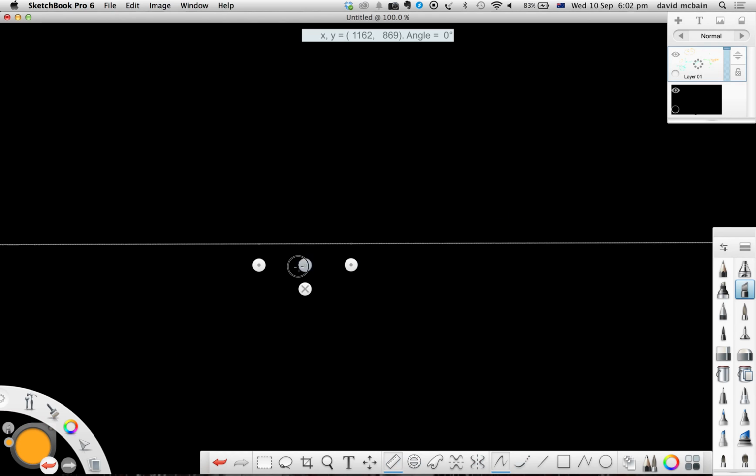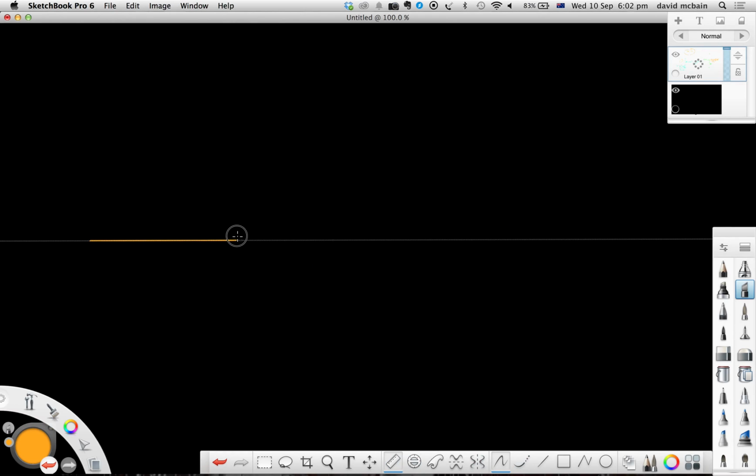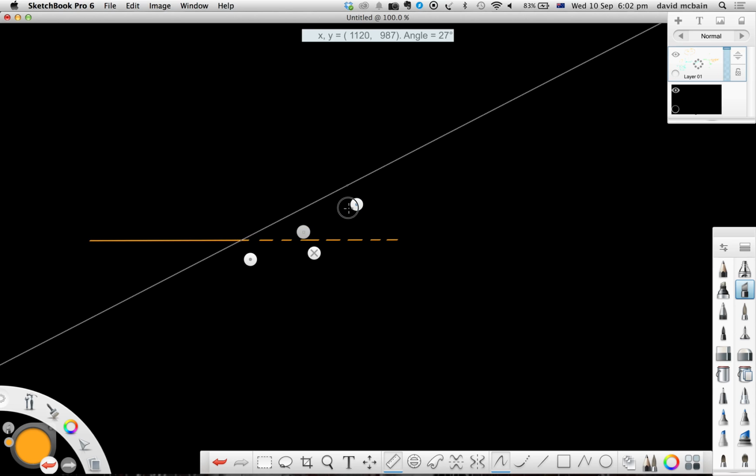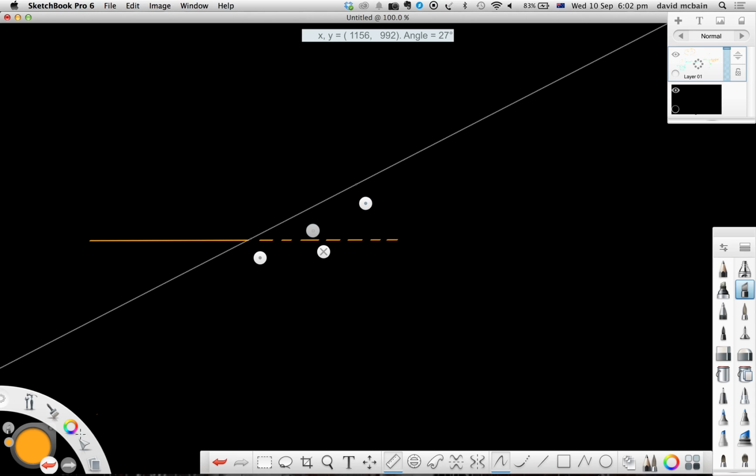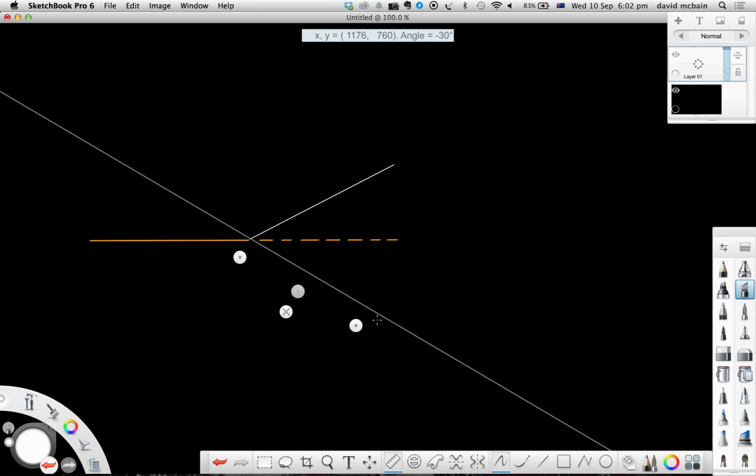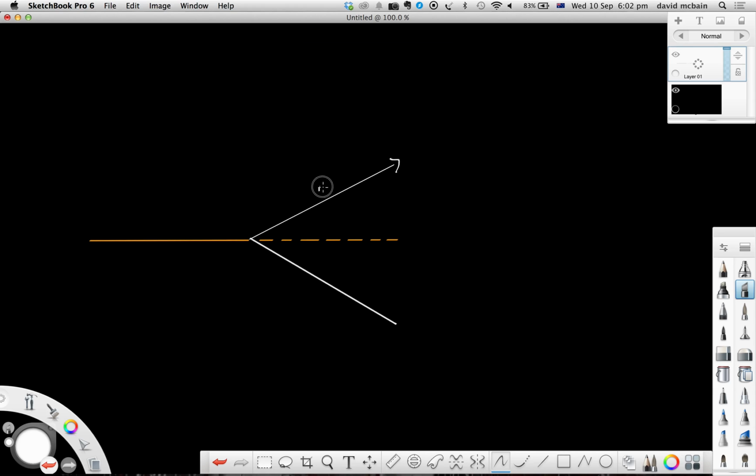Okay, so we've got a 200 Newton force and we've got a 200 Newton force that way and a 200 Newton force that way, 200, 200, 200 newtons.